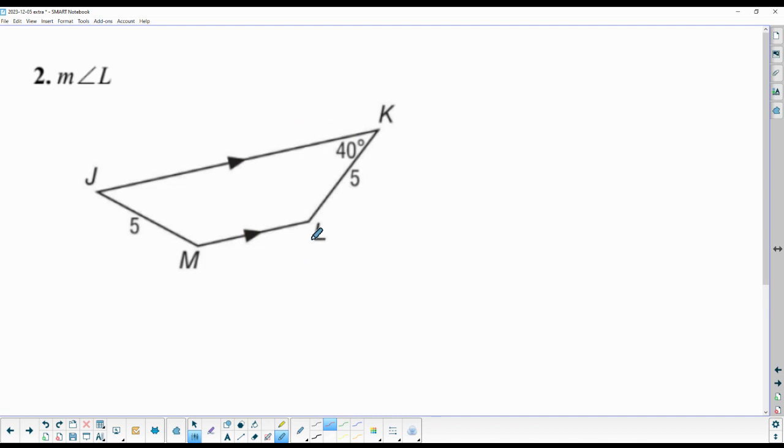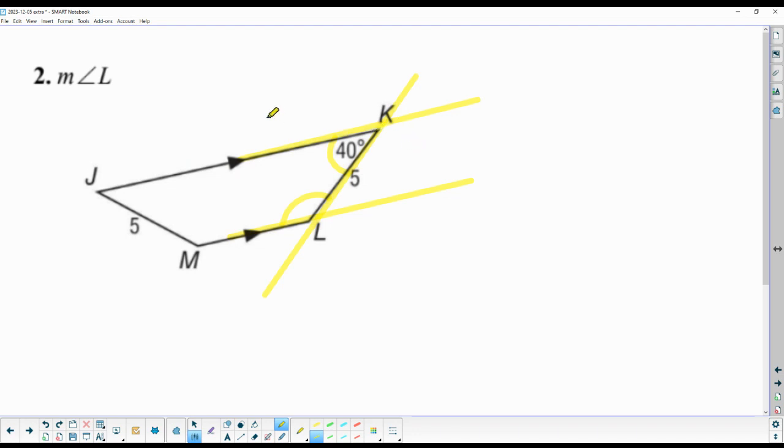All right, so now that we did that one, I bet we could figure this one out. It says find the measurement of angle L. So hopefully you can figure this one out on your own. If you were trying to find the measurement of angle L, notice again we have these parallel lines. You have a transversal. What were these two angles right here called? There's a name for these two angles right here. They had a special name, right?